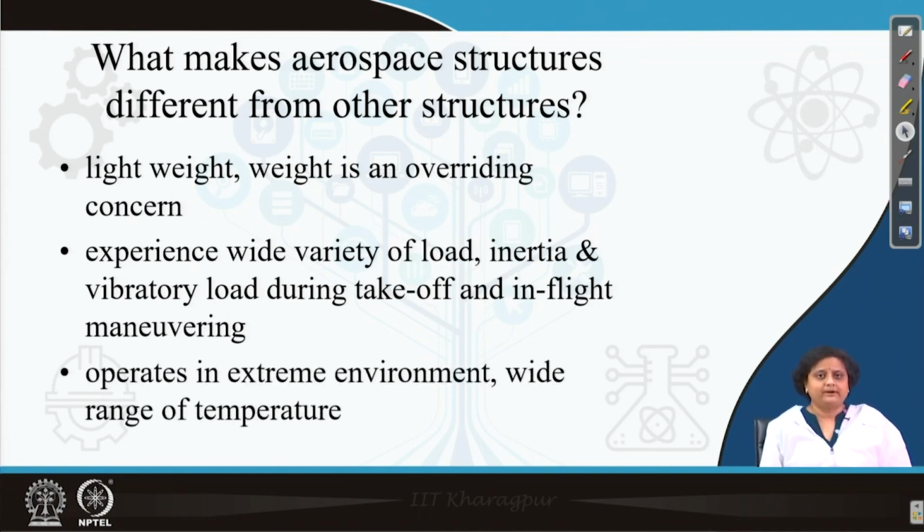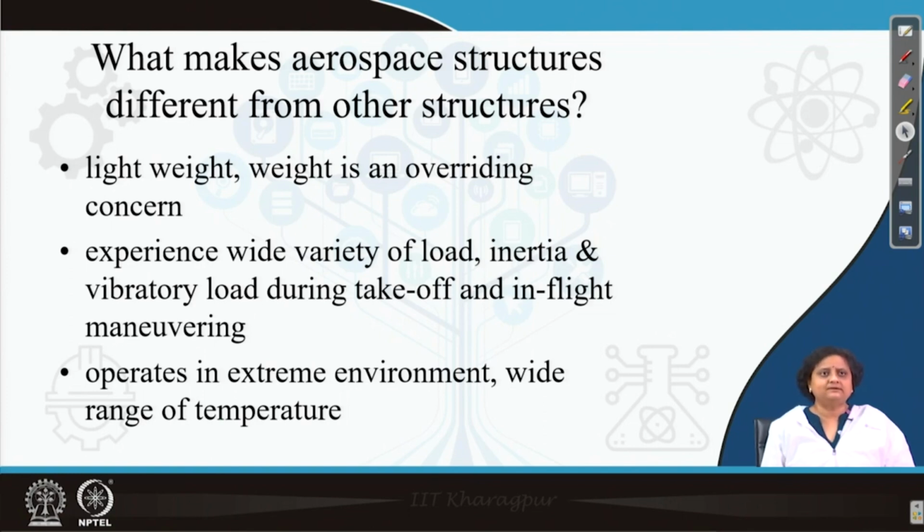The third point is that it needs to operate in extreme environment and a wide range of temperature. So, while the aircraft is on the ground, while it is doing the takeoff and taxiing, it experiences a certain ambient temperature, which is a normal temperature of 20 degrees centigrade or so.